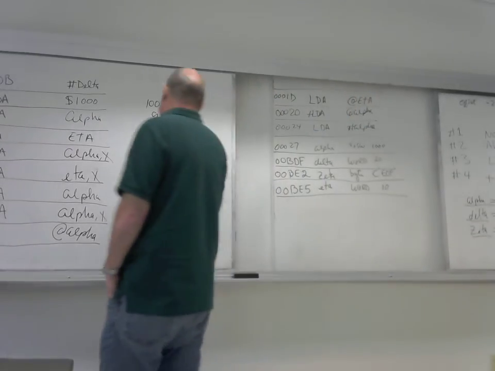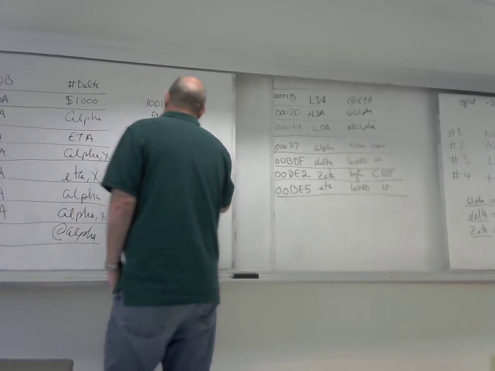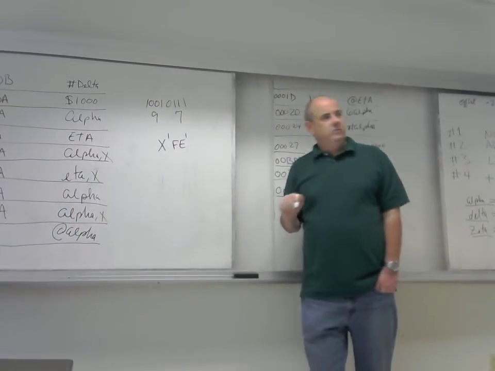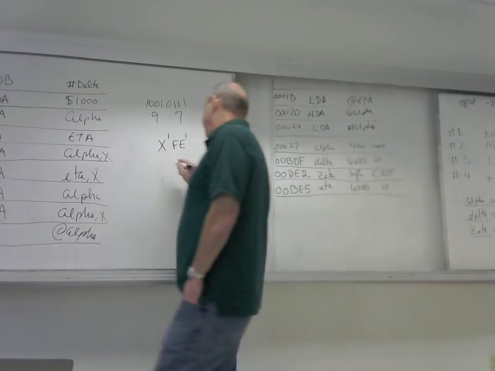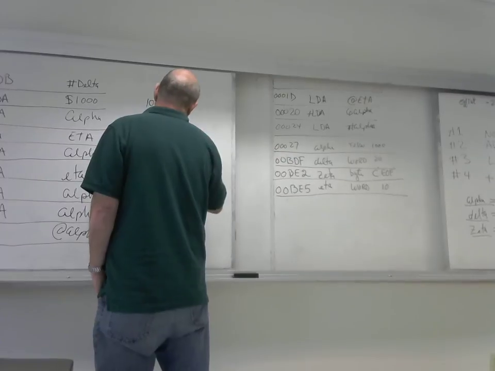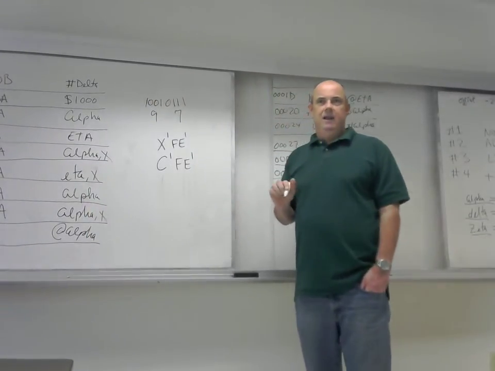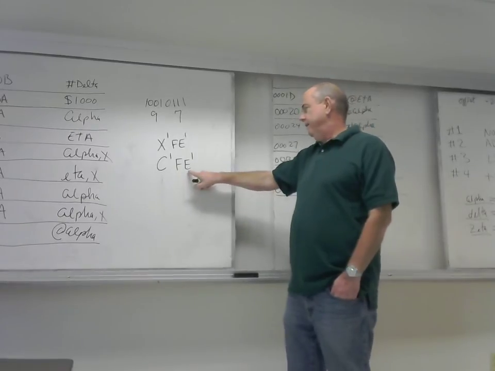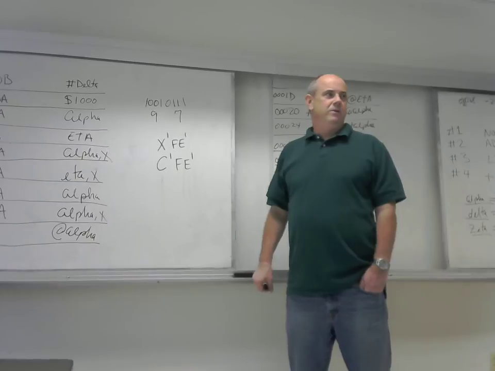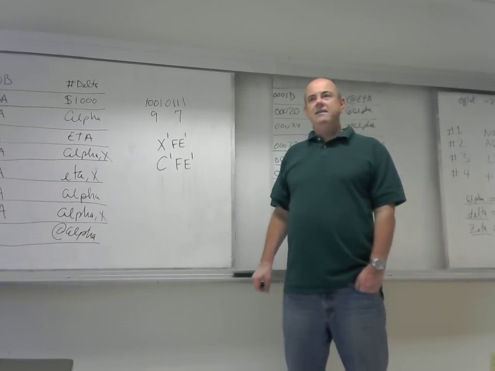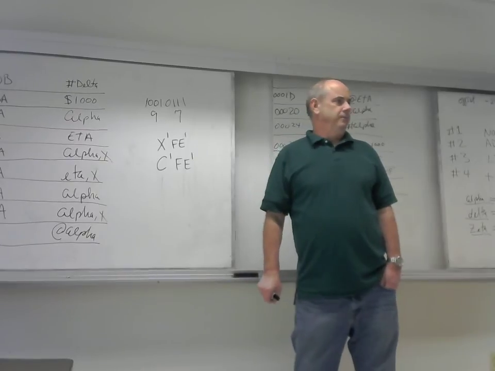Therefore, it takes 1 byte. Takes 2 bytes because it's a character, an F and an E. Everybody okay with this? The ASCII codes is 1 byte for each character.